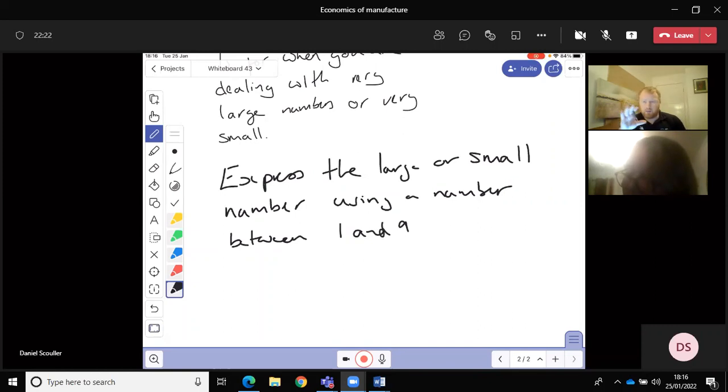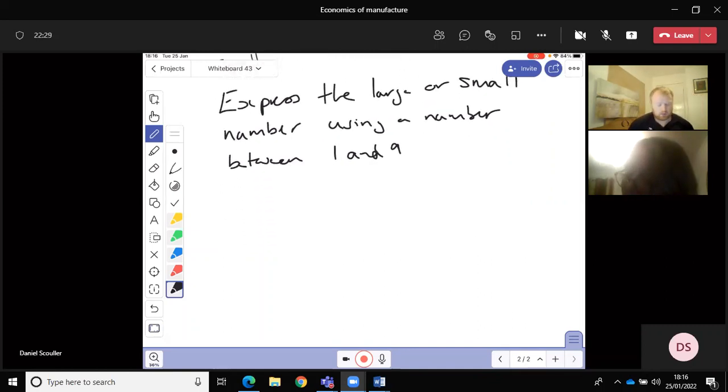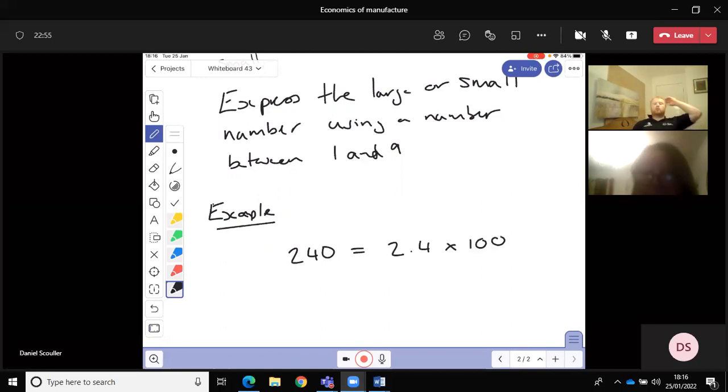Now that will make a bit more sense when we start looking at it. As I said, it's really anything over the number 10 we can express as scientific notation. If we look at an example, the number 240 can also be written as 2.4 multiplied by 100.